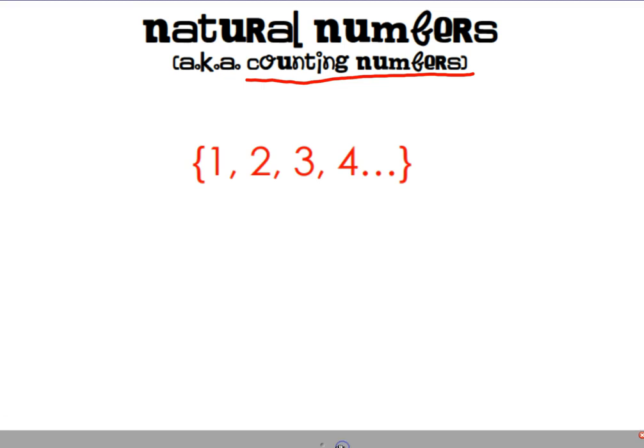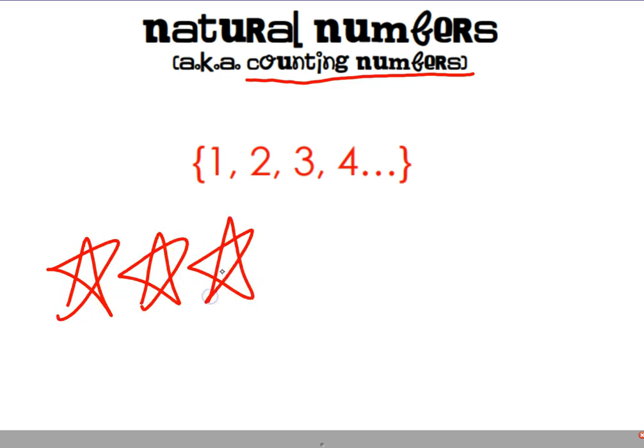So natural numbers are the set of numbers that do not include 0, and they are counting numbers. Think about when you first learn how to count. If I have these stars and you're learning how to count, you would start with 1, 2, 3, and so on. You do not start counting with 0. It's not natural to count with 0. So natural numbers do not include 0, but are whole positive numbers.